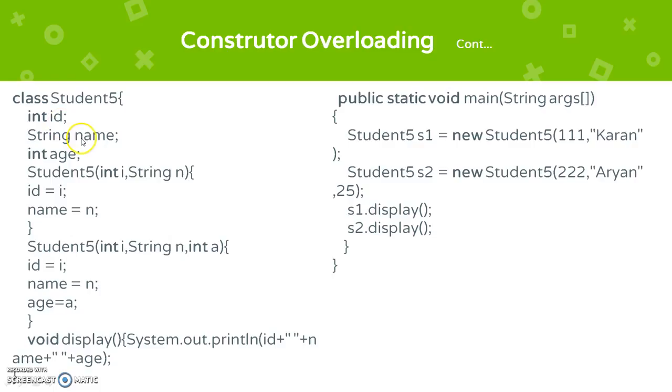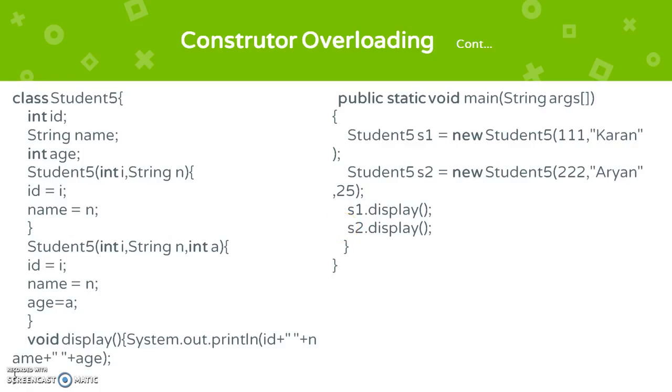Hence when I say S1.display, it prints only 111 and Karan. It will not give any value of age. But in the second one, S2, this will assign 222 to ID, RN to name and 25 to age. And hence when I say S2.display, it will display the ID, the name and the age as 222, RN and 25. This is called constructor overloading.